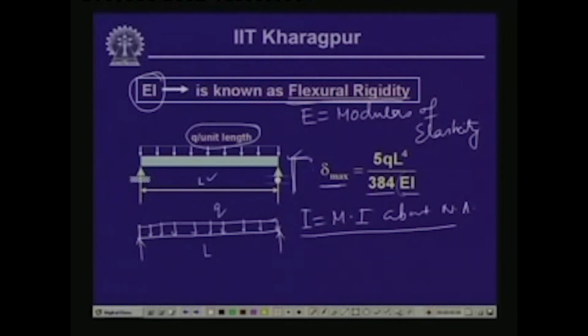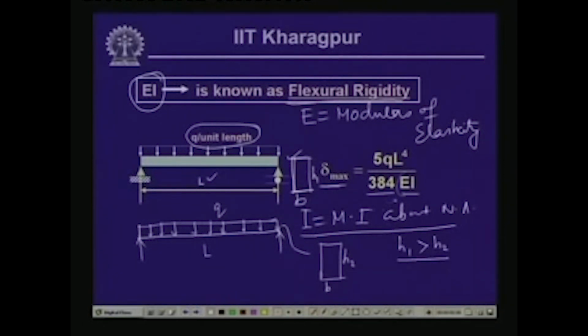Let us say that we choose a rectangular section, the width of which is B, and let us call the depth H1, and for the other beam we choose a cross section for which the width is B, but the depth is H2, and let us assume that the depth H1 is greater than H2.